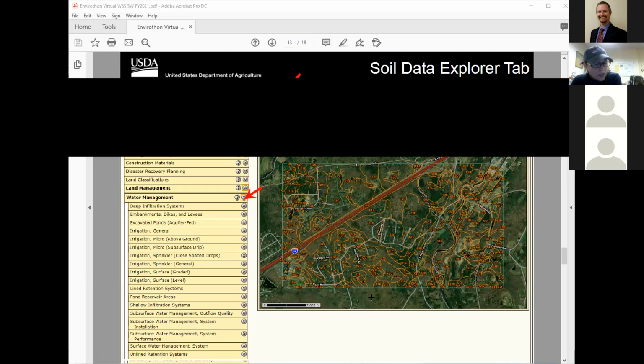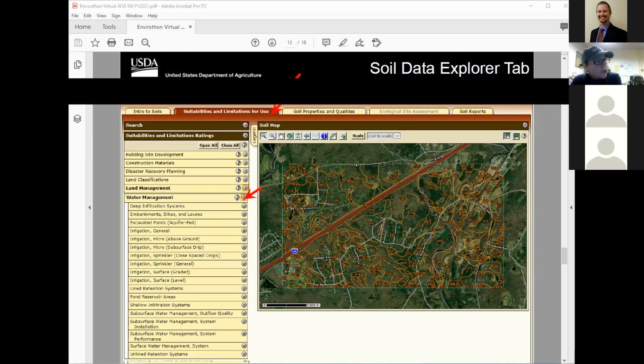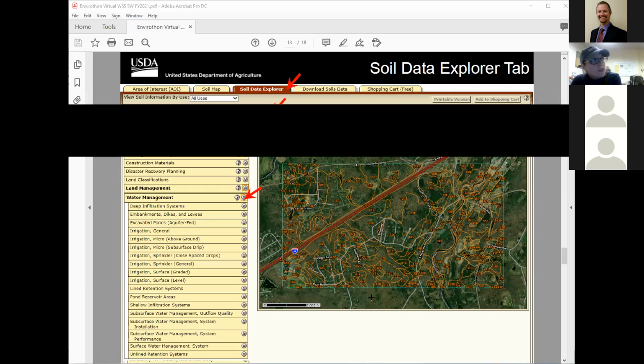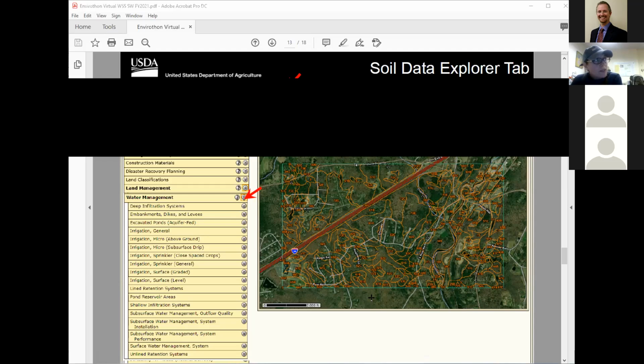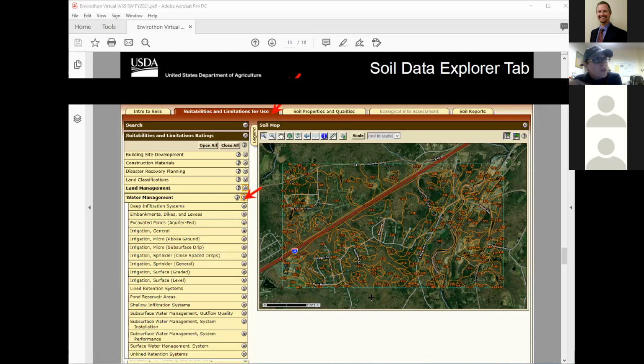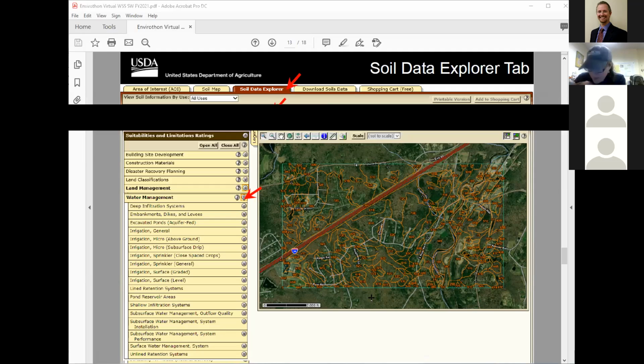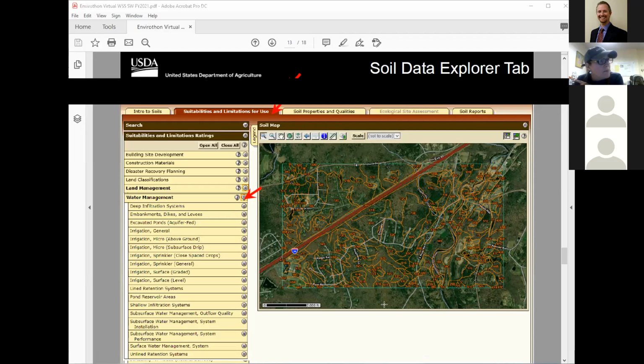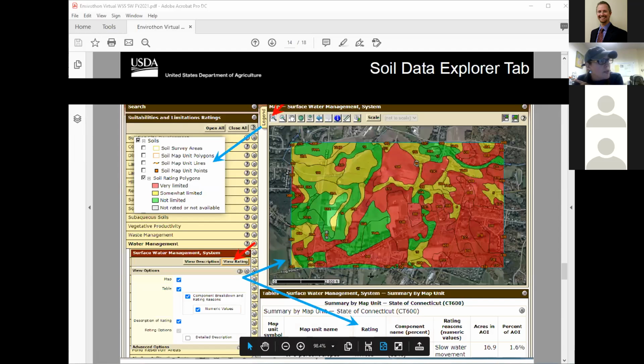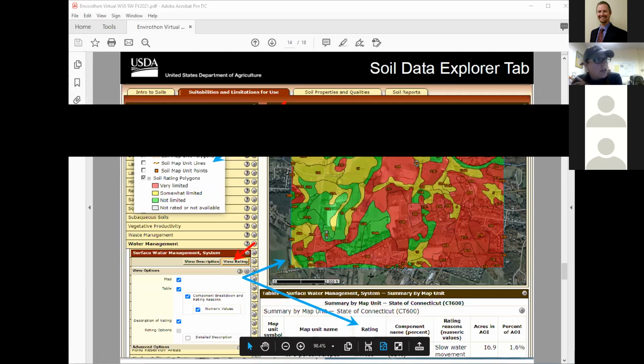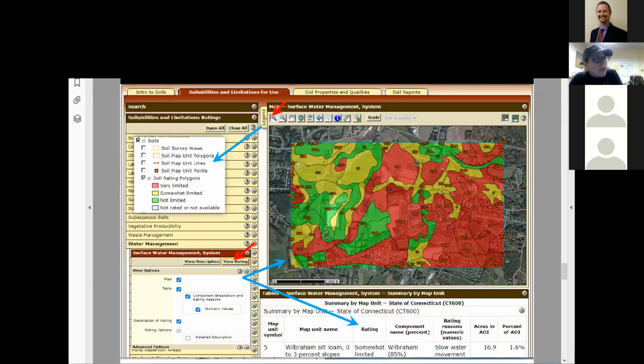So here we'll attempt to do an interpretation looking at water management. I hit the Soil Data Explorer tab, suitabilities and limitations for use, and then water management. You can see it still has my soil map up, but when I hit that interp, it's actually going to change the color of my map.